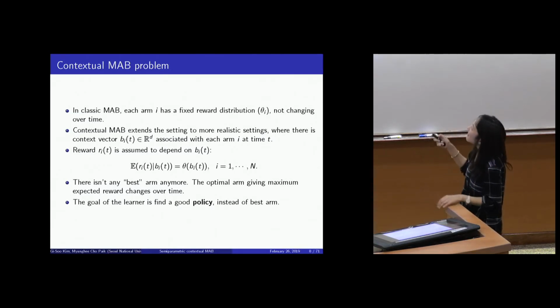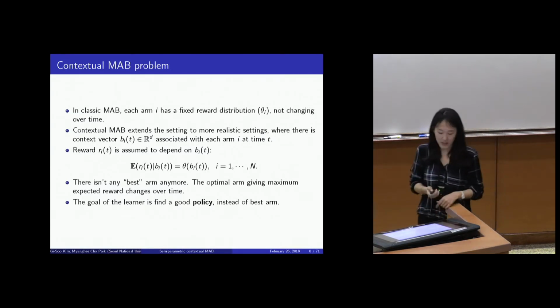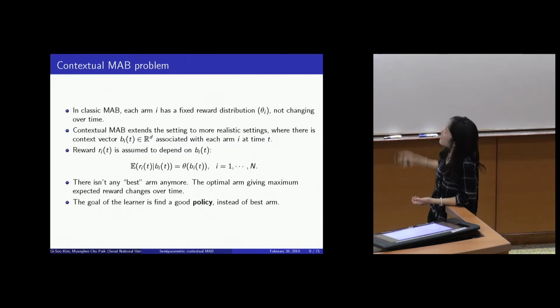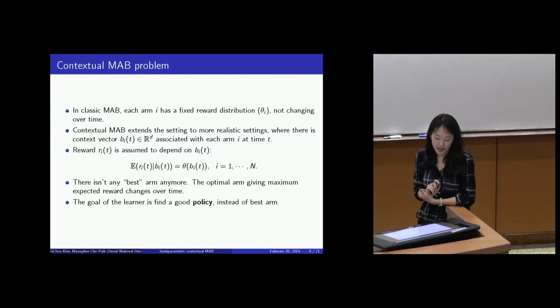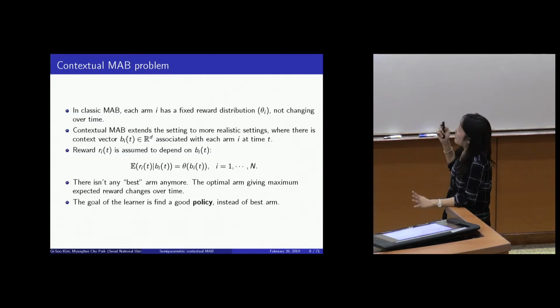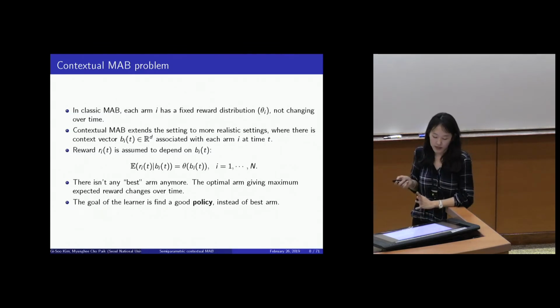And we assume that the expectation of reward depends on the side information. And from now on, there isn't any best arm anymore because the arm that gives maximum reward will change over time. So now the goal is not finding the best arm, but finding a good policy that maps context to actions.